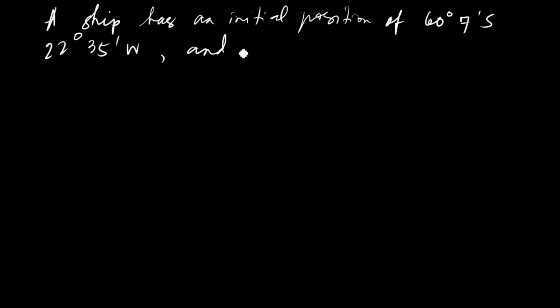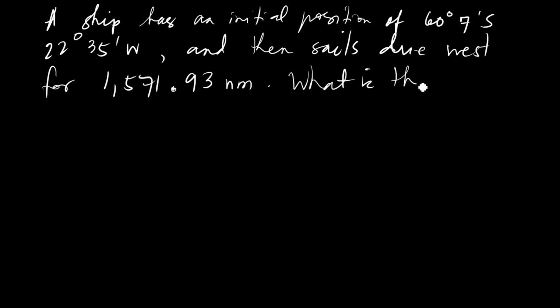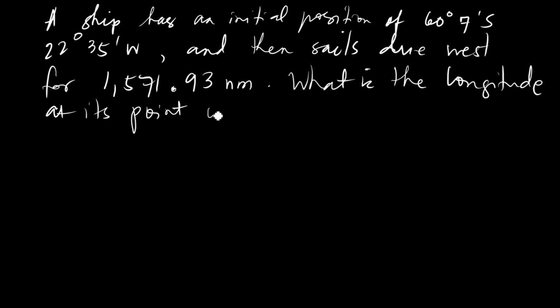And then it sails due west for 1,571.93 nautical miles. So what is the longitude at its point of arrival?